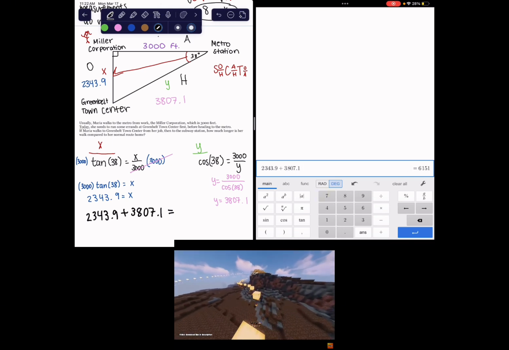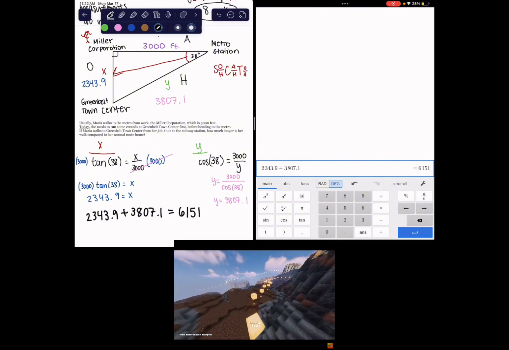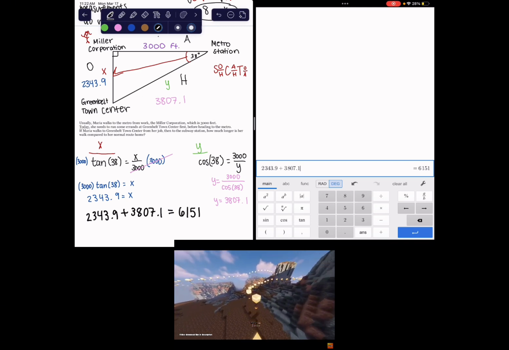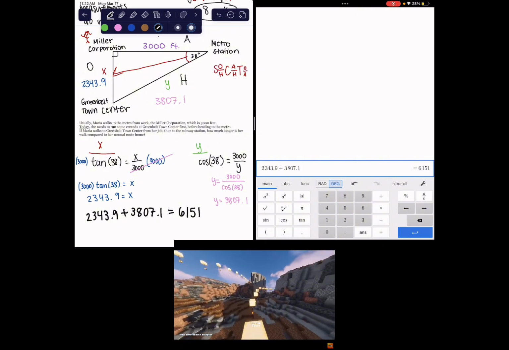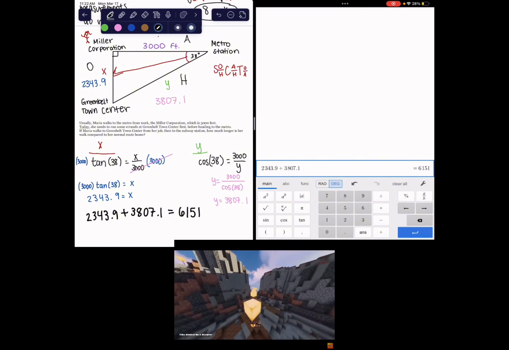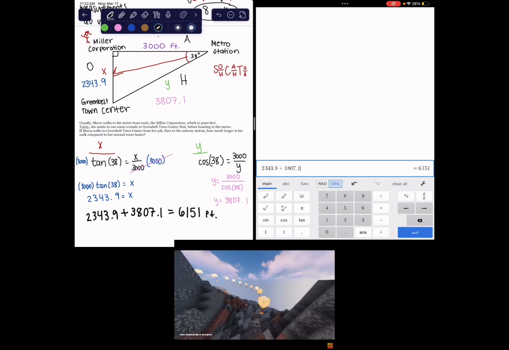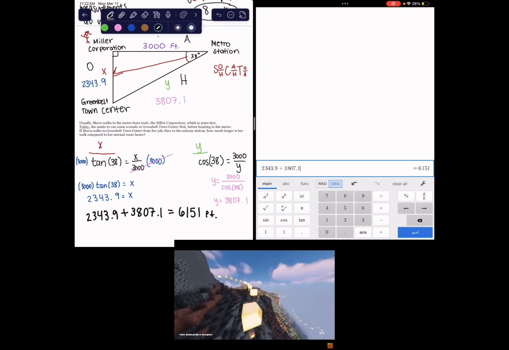Oh, I did not think it was going to give us a perfect number. 6,151. All right, so the total distance she's walking is 6,151 feet, right? But it says how much longer. So compare that to 3,000.